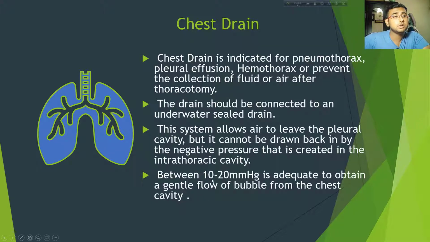Okay, and between 10 to 20 millimeters of mercury is required to obtain a gentle flow of bubbles from the chest wall. So for pneumothorax we must make a negative suction drainage system, that is the water seal drainage system. In that case, the pressure will be maintained within 10 to 20 millimeters of mercury.